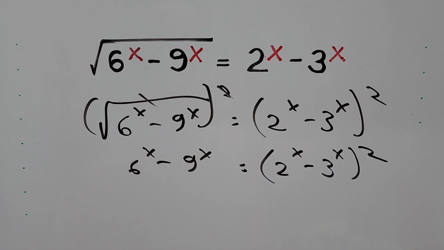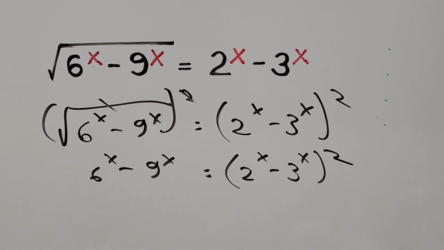The square. So now we have base 6, base 9, and on the right hand side we have base 2 and 3. So for the first two terms, I'm talking about the left hand side of the equation, we should convert base 6 and base 9 in terms of base 2 and 3, since we have base 2 and 3 on the right hand side.